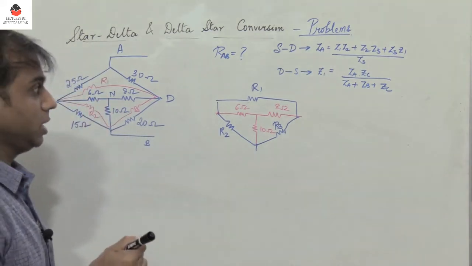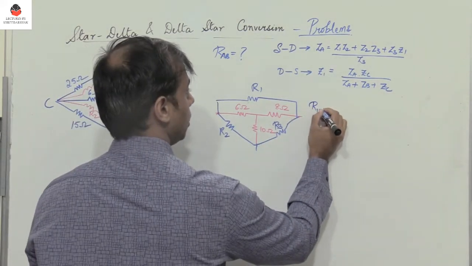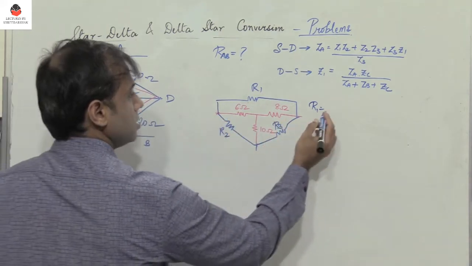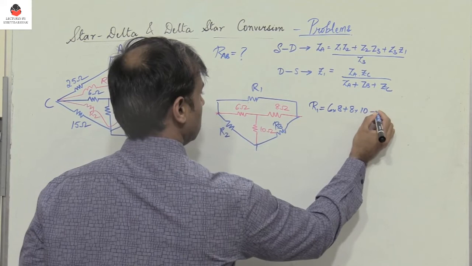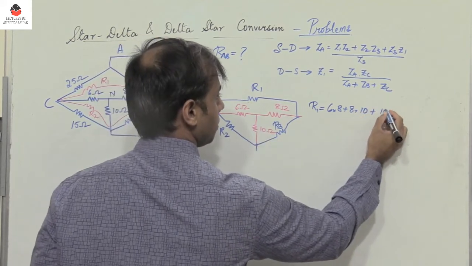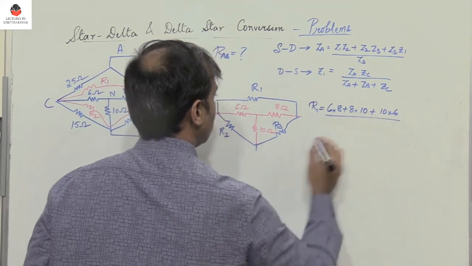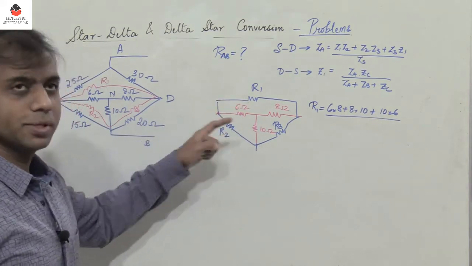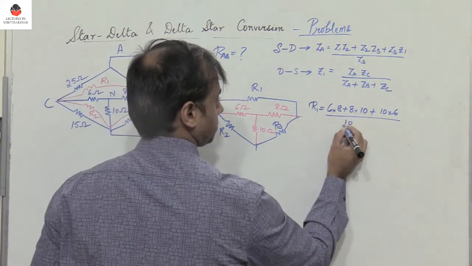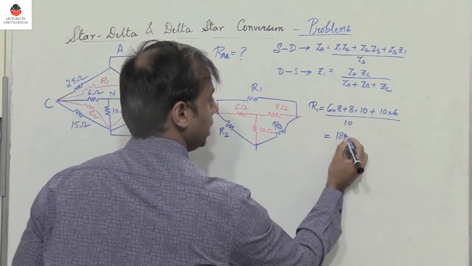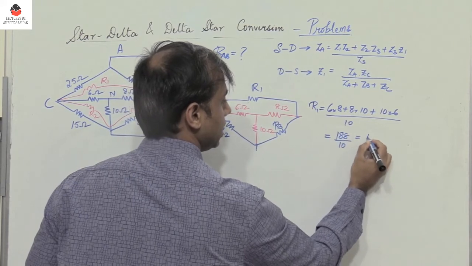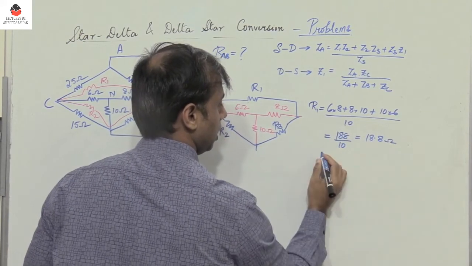So the numerator remains the same. So what is R1? R1 is 6 into 8 plus 8 into 10 plus 10 into 6 divided by the value opposite to R1, which is 10. So what is the numerator? The value of the numerator is 188. So 188 by 10, we get 18.8 ohm.